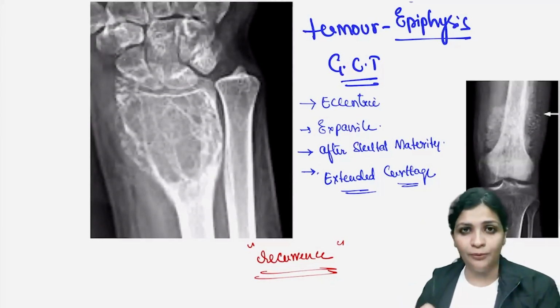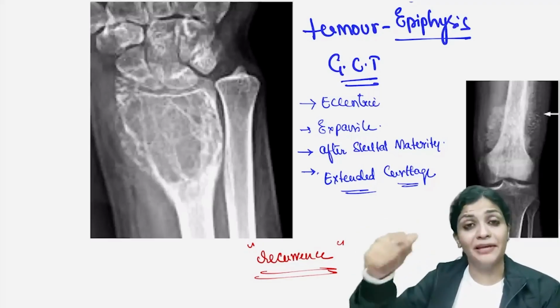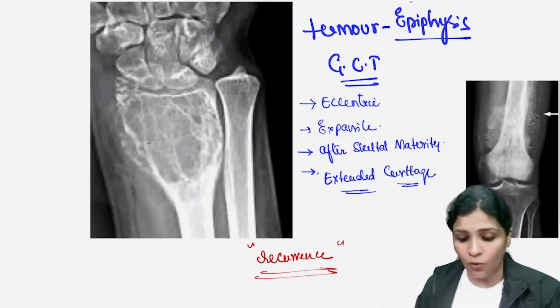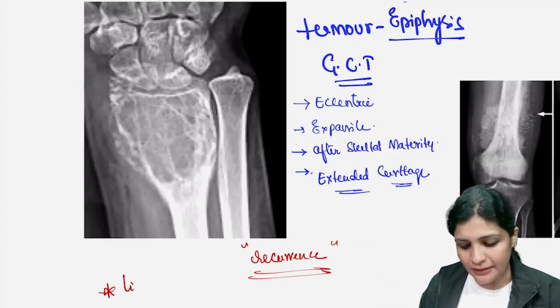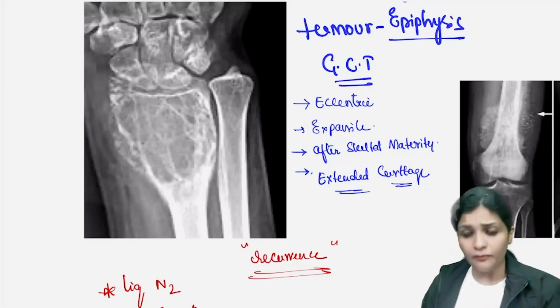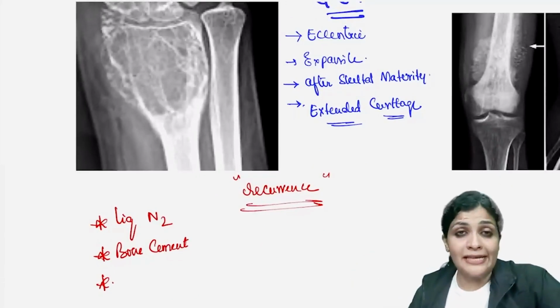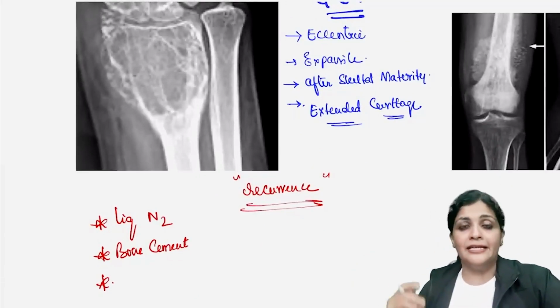You open the bone and curette, that means you completely scrape the entire bone, and then you put certain things like liquid nitrogen, or you put bone cement, or any other muscle grafting. All these things are put inside it, and then it is closed.